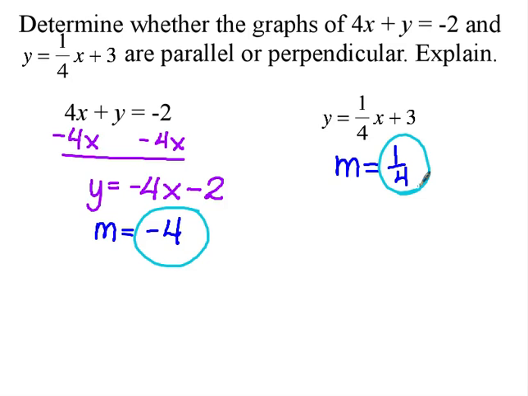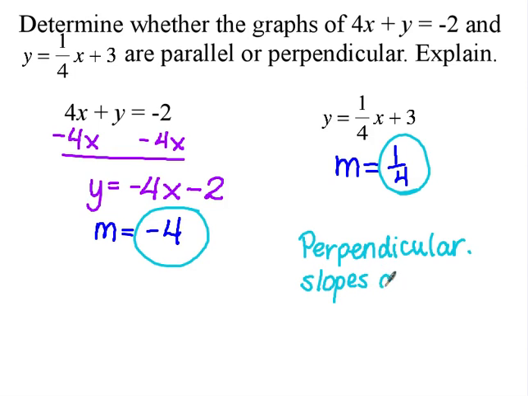So therefore the lines are perpendicular. Now, it wants you to explain. So explain, this is what you do. Slopes are negative, I'm just going to abbreviate neg, reciprocals. And that would be good.